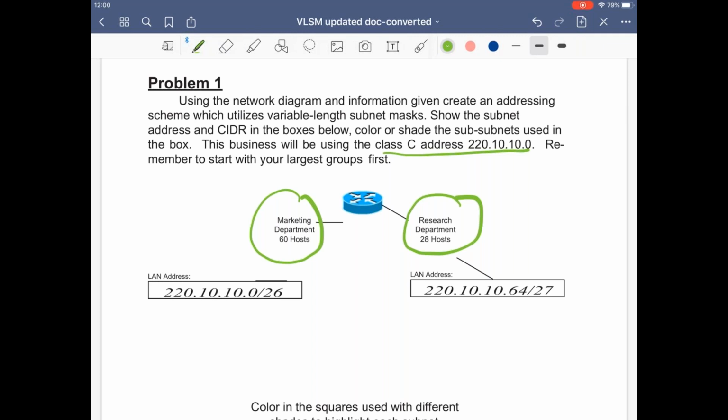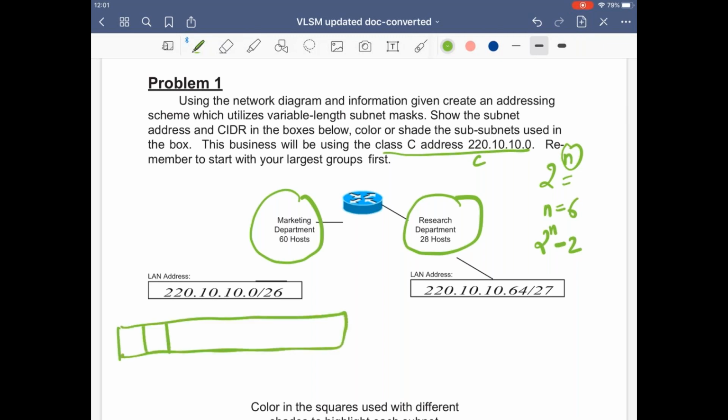The custom subnet mask will be 255.255.255.192, because we have 6 zero host bits, as 2 to the power of 6 is more than 60. So to have 60 hosts, at least 6 host bits should be 0, and only the first 2 bits are 1. That is why it's 192.